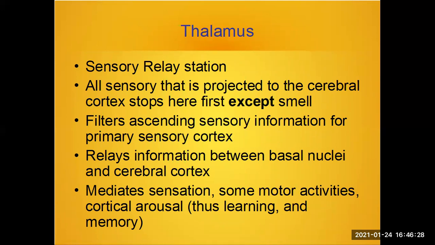All sensory information that projects to the cerebral cortex stops here first, except smell. Filters and sends sensory information to primary sensory cortex. Relays information between basal nuclei and cerebral cortex. Mediates sensation, some motor activities, cortical arousal, thus learning and memory.